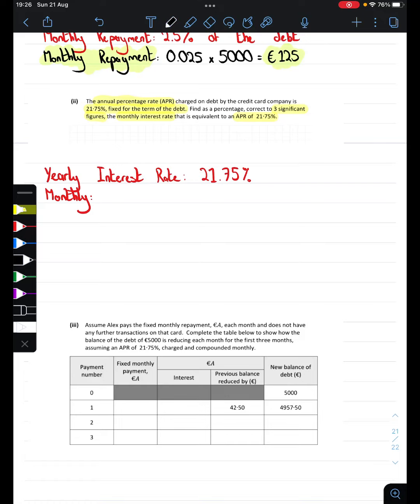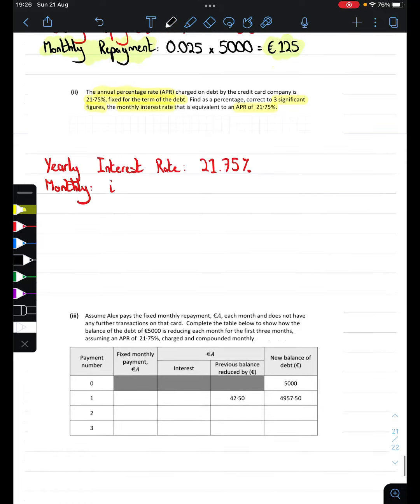Well, let's say it's I, and we'll try and figure out what I is. We know that this monthly rate will compound over the year to give us the yearly rate. So 12 months in the year. This will give us the yearly rate 1 plus 21.75%, 0.2175.